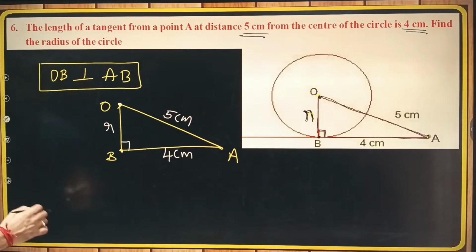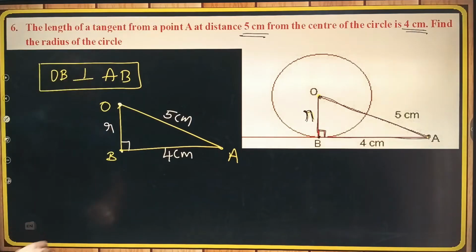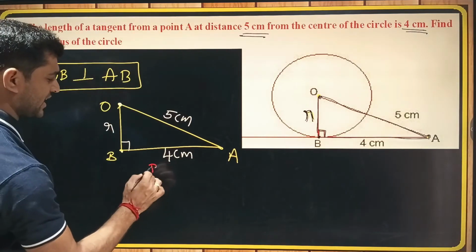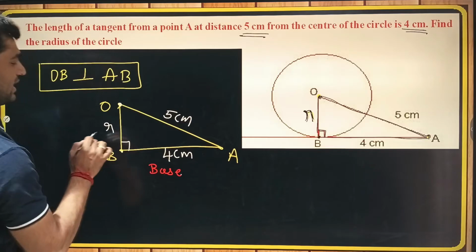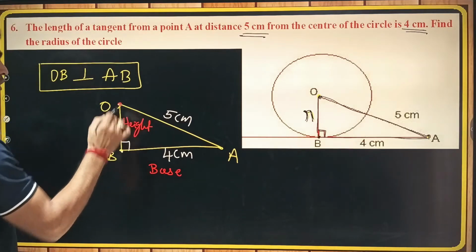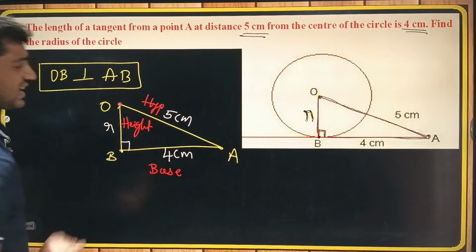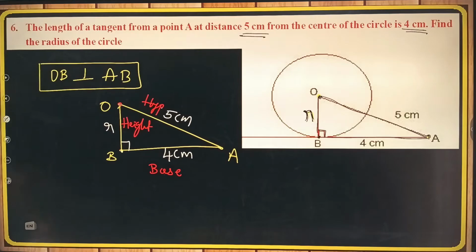By applying Pythagoras theorem, what does the Pythagoras theorem state? Now dear students, let me consider this is the base, and this is the height, where height is OB. O to B is the height, and this I can say is the hypotenuse side or slant side.